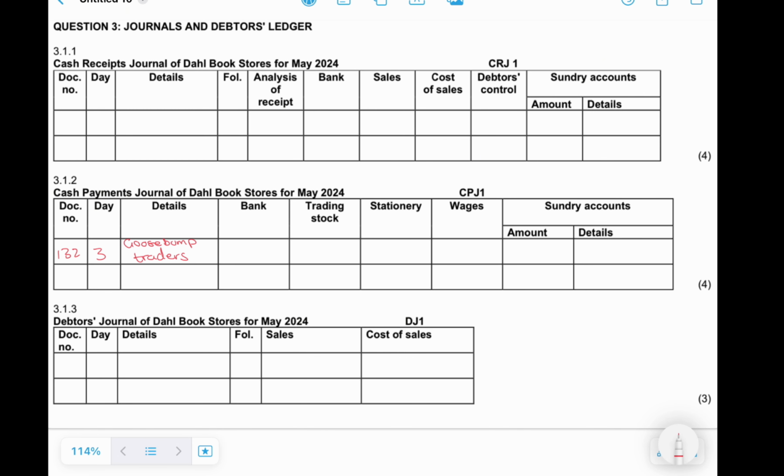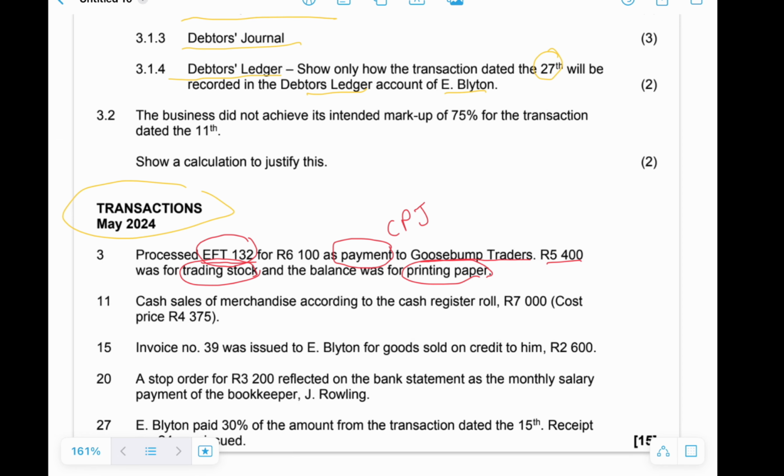And how much went out of our bank? What was the total that we paid from our bank? We paid Goosebump traders 6,100. That is how much went out of our bank account. So what did we actually buy with this 6,100? We bought trading stock as well as printing paper. And they told us that trading stock was 5,400 and the balance was for printing paper.